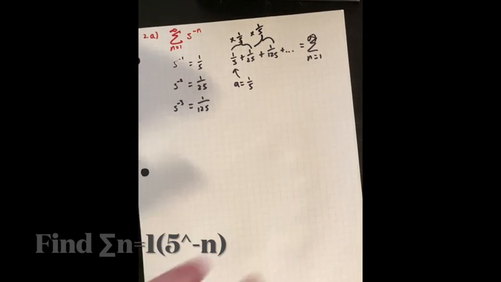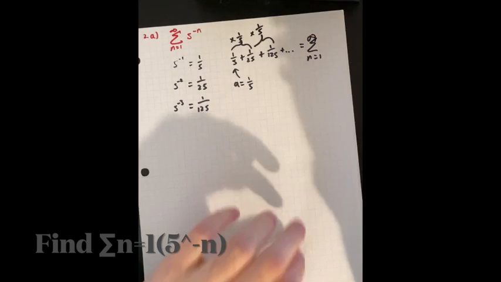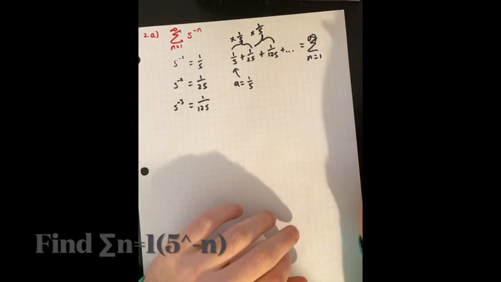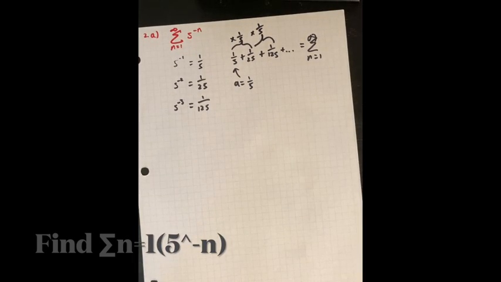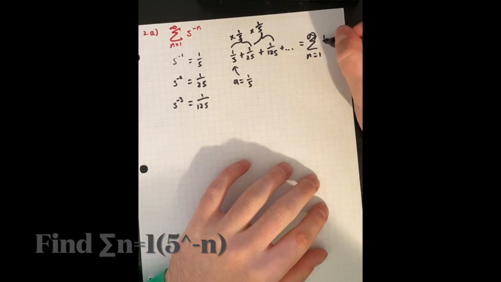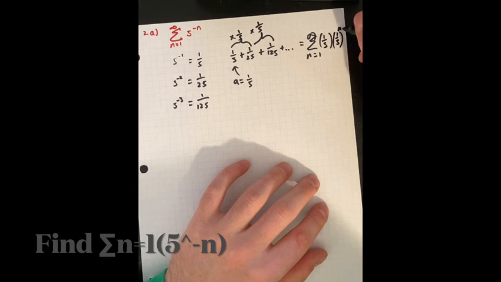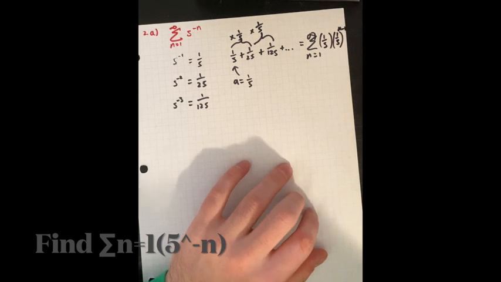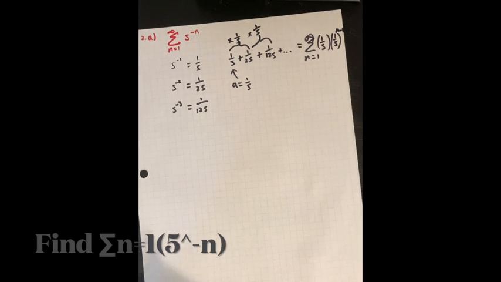Okay, so now we can go back to our formula of a geometric series, a times r to the n minus 1, and we see that we have 1/5 times 1/5 to the n minus 1. Okay, so now we get to determine whether or not this series is convergent.